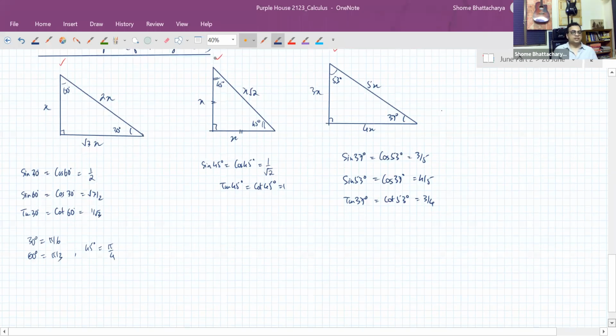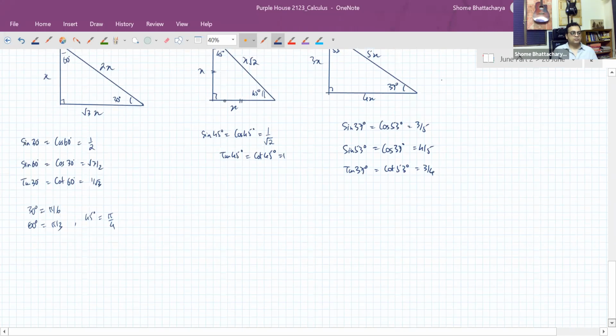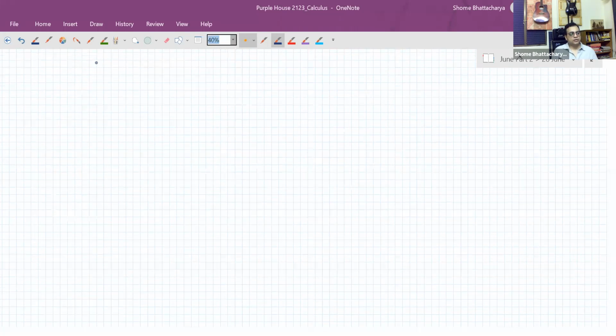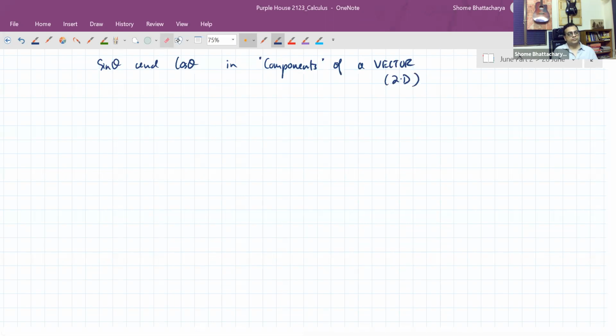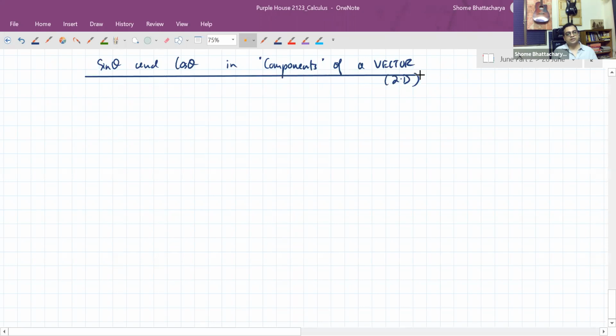Now, the next thing is we will understand sine theta and cos theta in terms of components of a vector when we express it in a two-dimensional system. Of course, this will help a lot that you're already familiar with vectors.